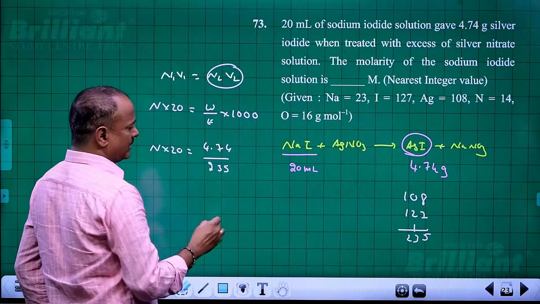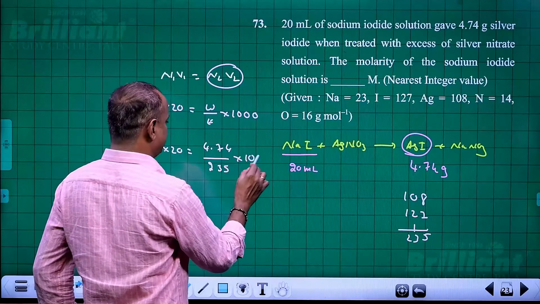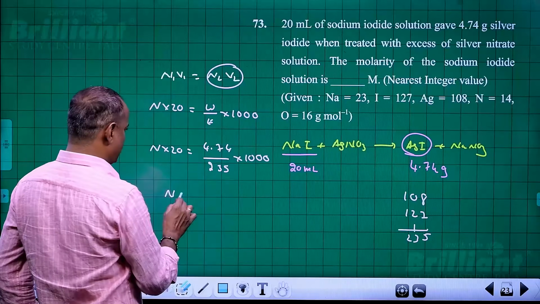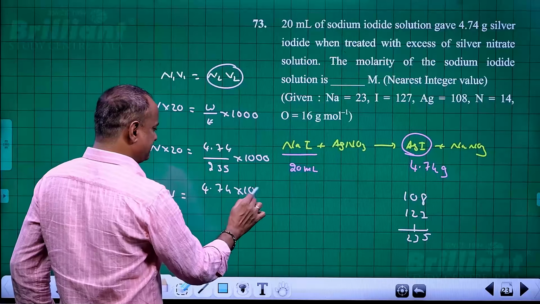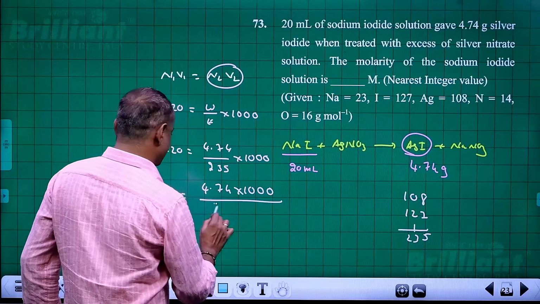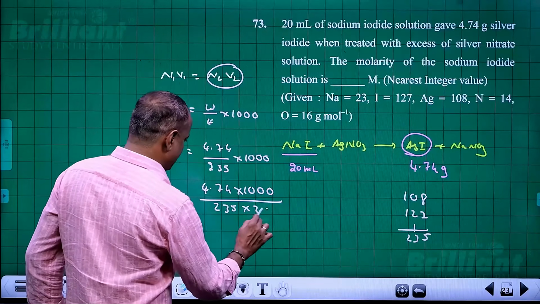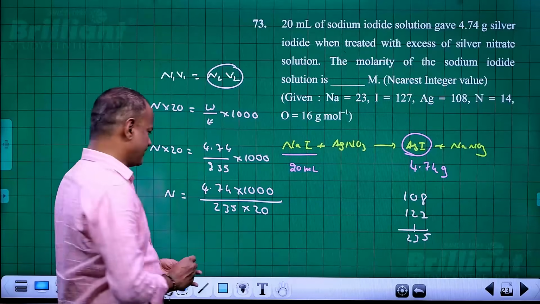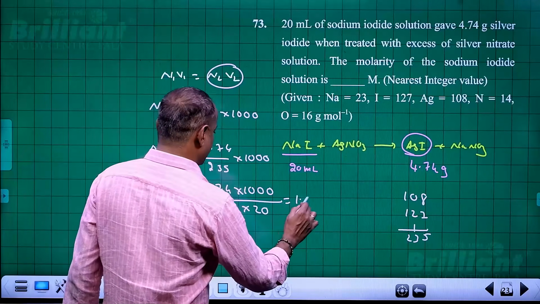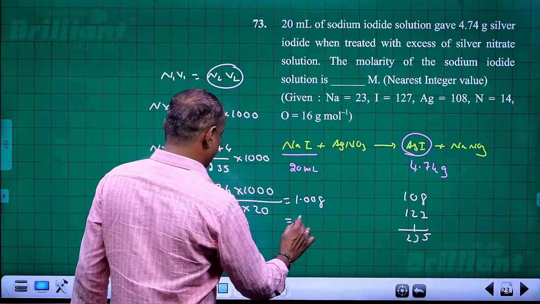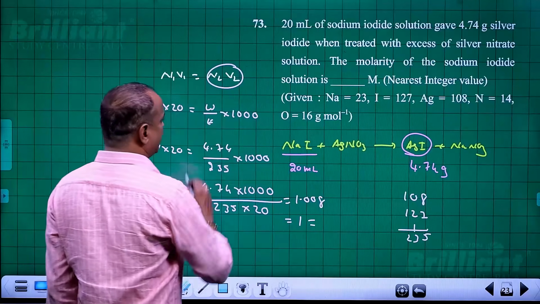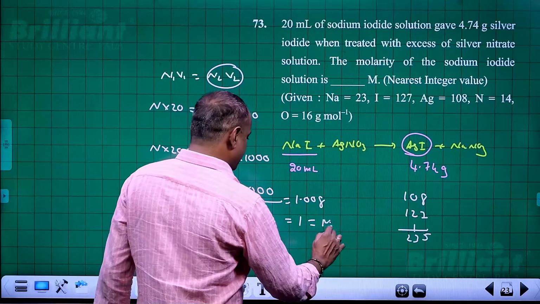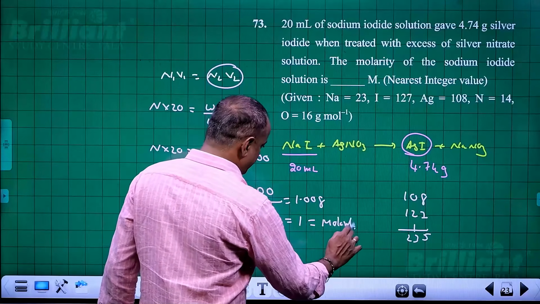Because the n factor value is 1 only, so 235 into 1000. Therefore, normality equal to 4.74 into 1000 by 235 into 20, which is 1.0082. Take 1 only. Normality and molarity both are same, no? Because the n factor is 1 for NaI. So molarity is also the same, 1.